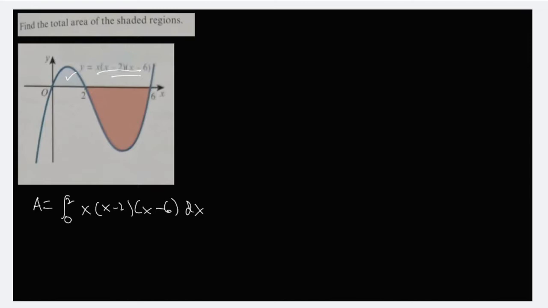So this becomes the definite integral from 0 to 2 of x raised to 3 minus 8x squared plus 12x dx. With this, we can already apply our integration. Let's continue.